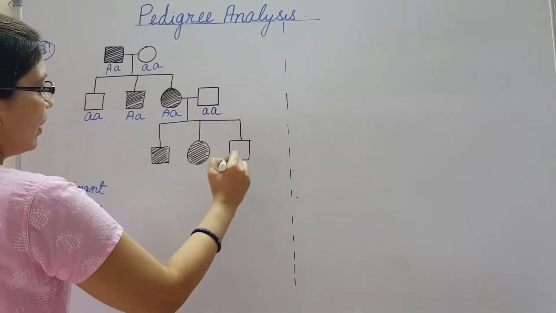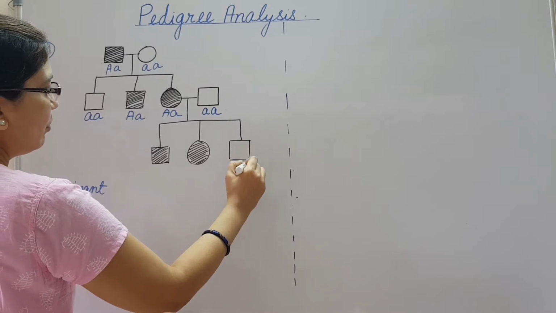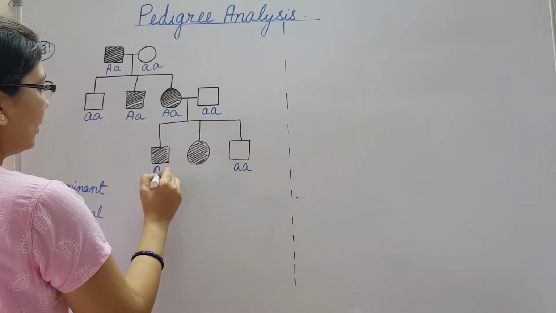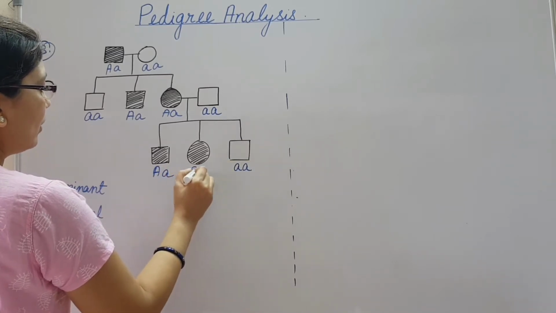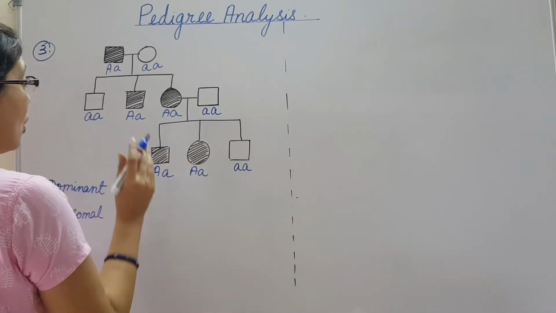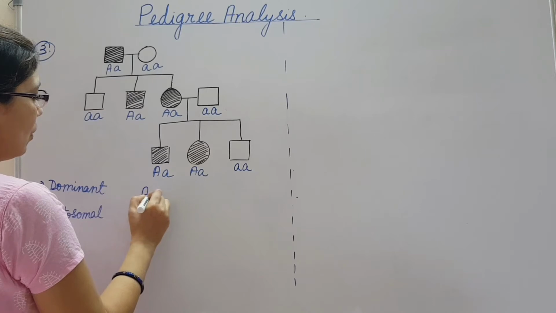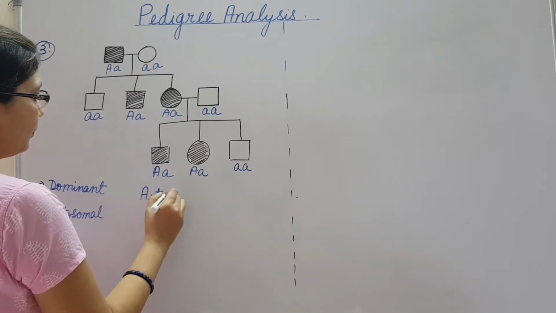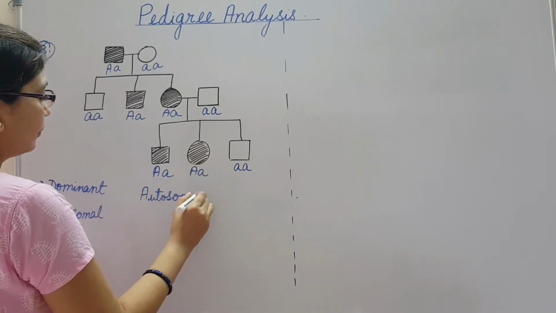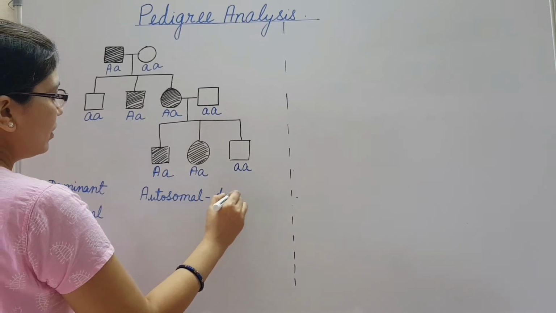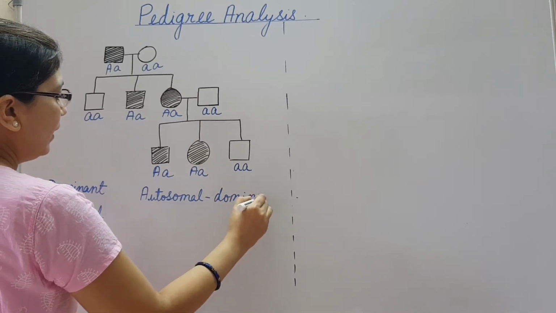Hence, this unaffected male will be homozygous for the recessive allele, and these will be heterozygous because these are affected. So actually here the inheritance is autosomal dominant inheritance.